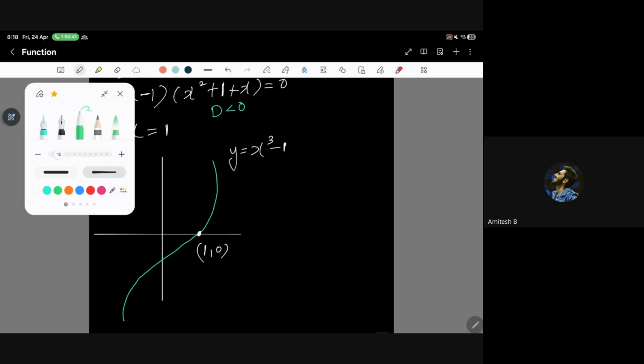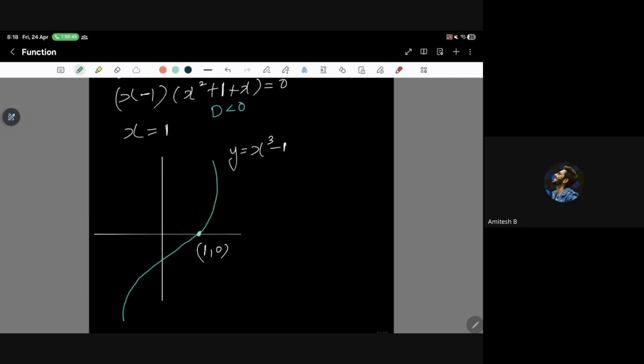So when y is 0, y is 0 here. So signum of y will also be 0. Now from this point and above, the graph is positive, right? So signum of that will be 1.